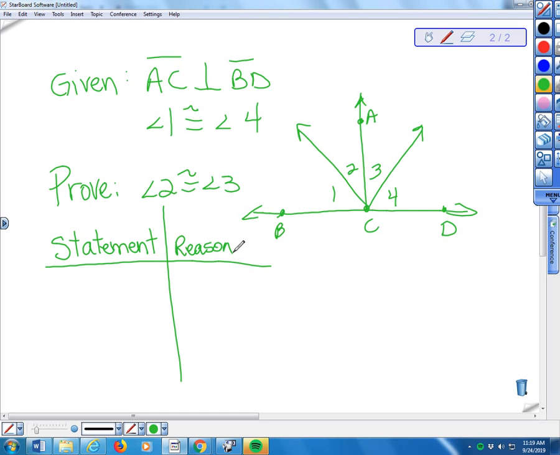I know it's congruent, but when you do a proof, you're just breaking it down into one statement at a time. Don't get overwhelmed thinking you've got to do everything at once.